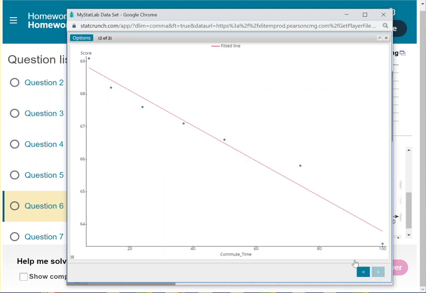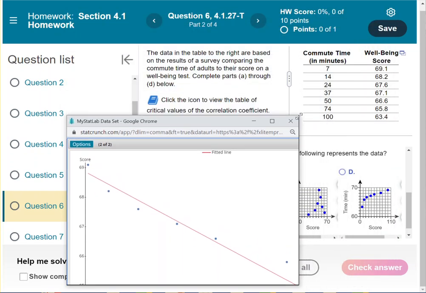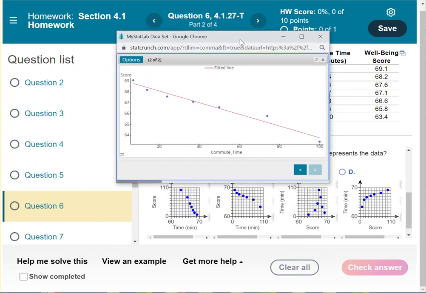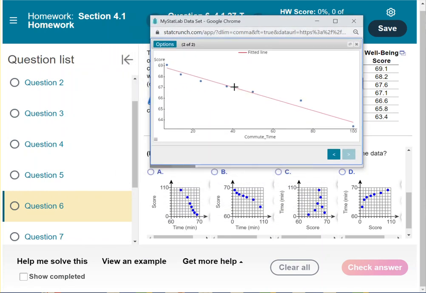Now here's our graph, and I want to make this a little smaller so I can also view the other graphs, and we have to figure out which one's which. Our scales tend to look a little different, so the graphs can be, you've got to be careful. Notice here this is starting at, I'm not sure what, 60.